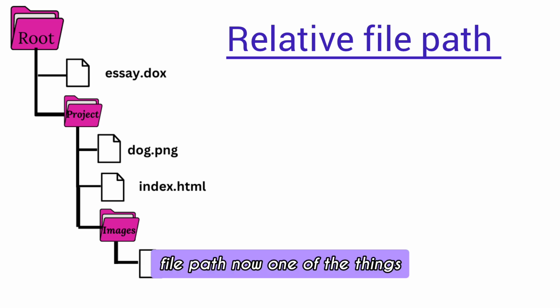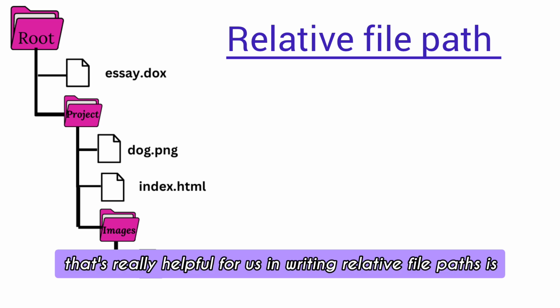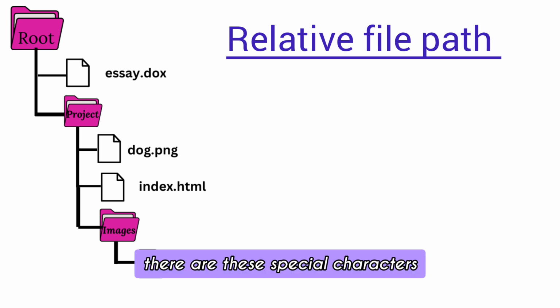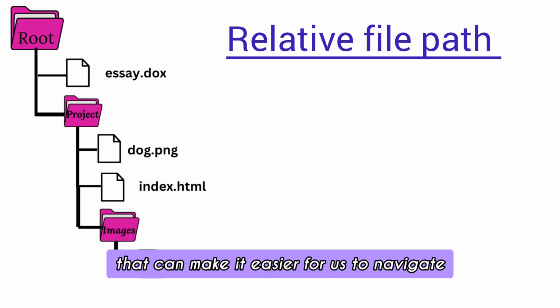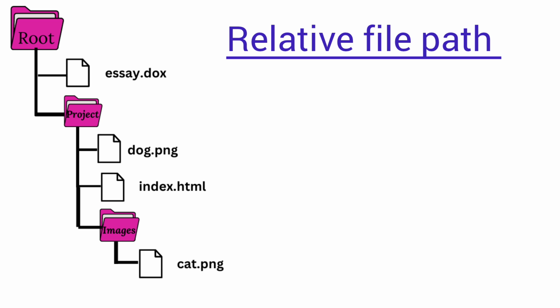Now, one of the things that's really helpful for us in writing relative file paths is there are these special characters that can make it easier for us to navigate the file structure.